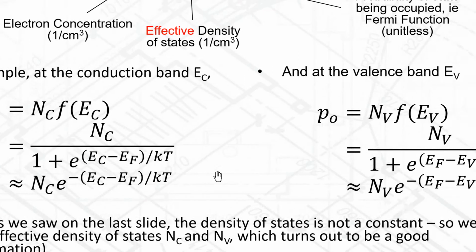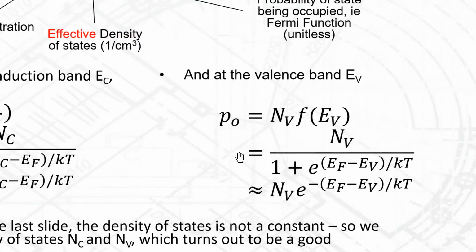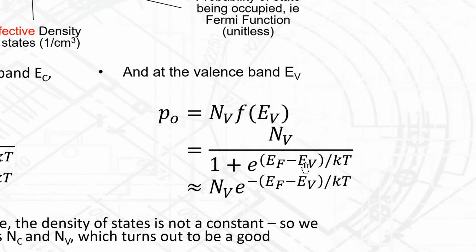Similarly, in the valence band, the hole concentration is equal to Nv, the effective density of states in the valence band, times the Fermi function in the valence band. Something different in the Fermi function here is that you have Ef minus Ev. The reason is that this has to do with finding the hole concentration instead of the electron concentration.